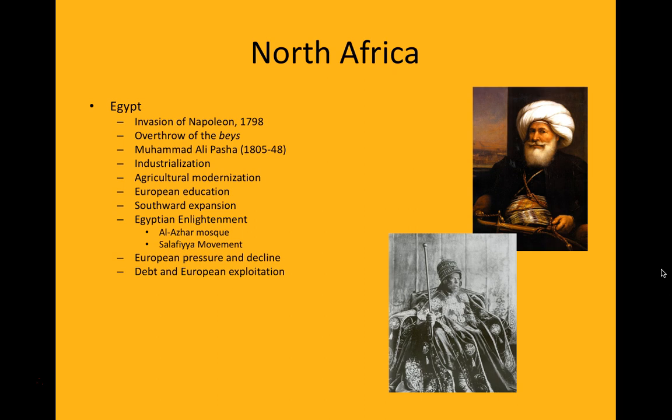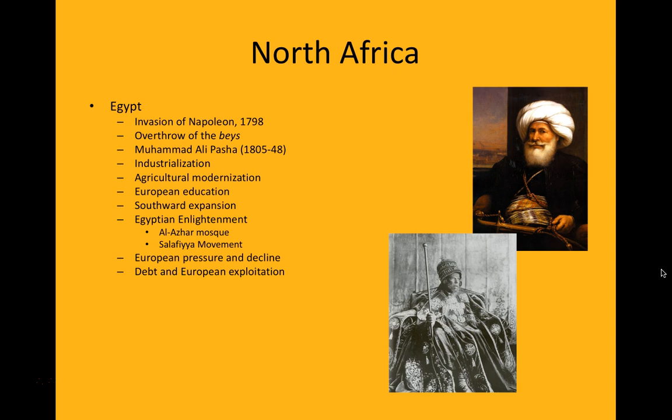The cotton that is grown in Egypt is of the highest quality. You may have seen, if you've been in a store that sells such things, sheet sets and other things that say 100% Egyptian cotton, right? Because it is soft and breathable and all of that. And so Europeans were already trying to undercut the efforts of Muhammad Ali Pasha, undercut the Egyptian economy and get in on the ground floor, so to speak, right?